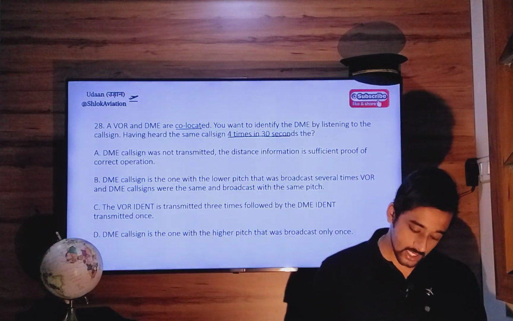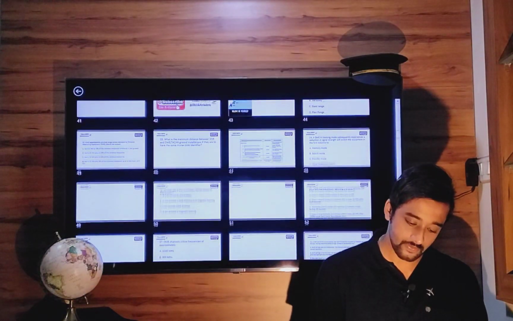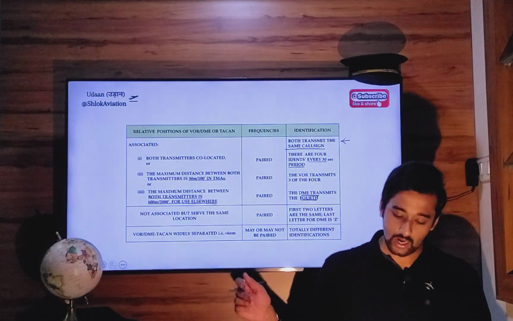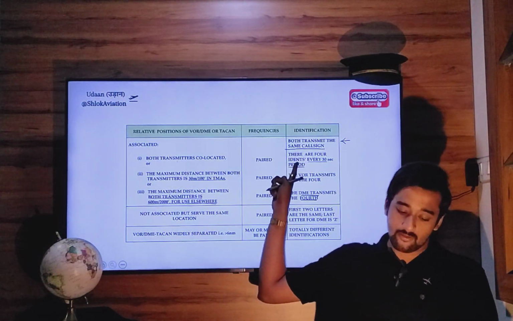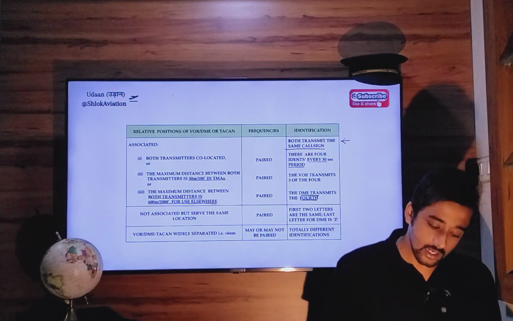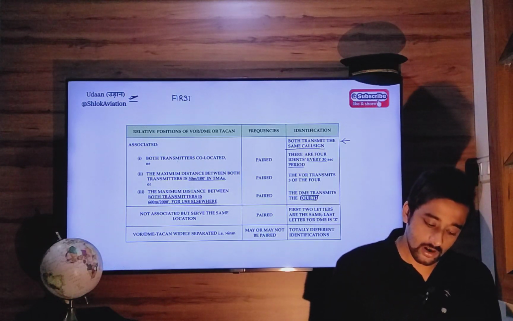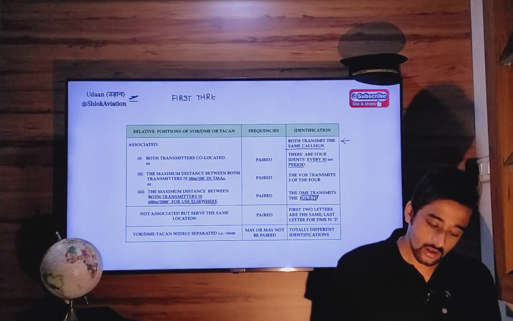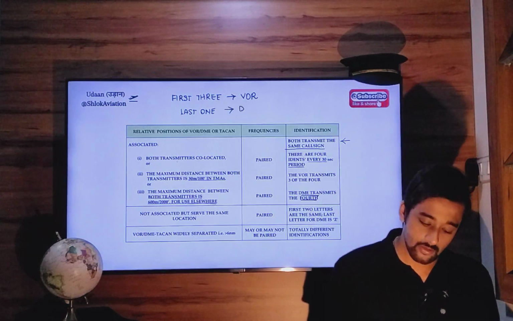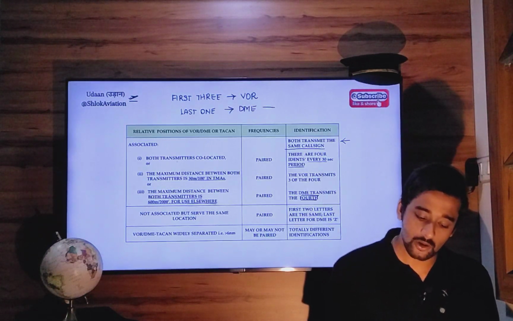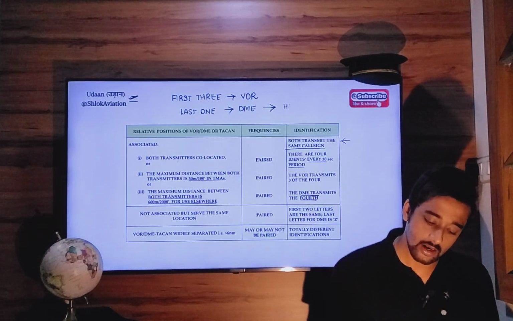So very important. Just now I showed you this diagram: there are 4 idents every 30 seconds. The first three will belong to VOR. The last one will belong to DME, and the one belonging to DME will have a higher pitch tone.